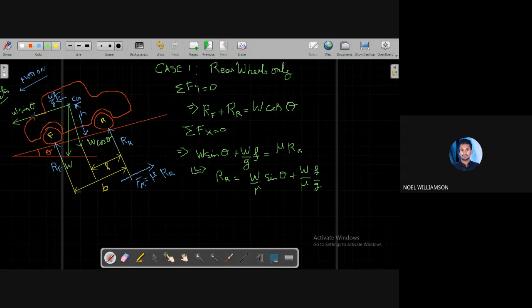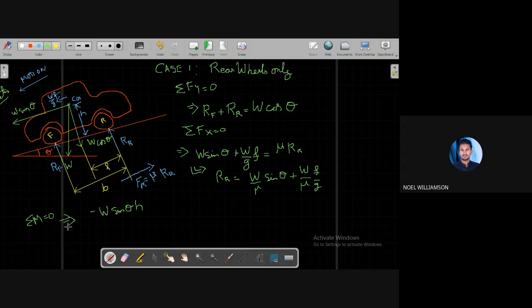Then W sin theta acts at this height, which is small h. So W sin theta into h will be in the anti-clockwise direction, that is minus W sin theta into h, for sigma M equal to 0.